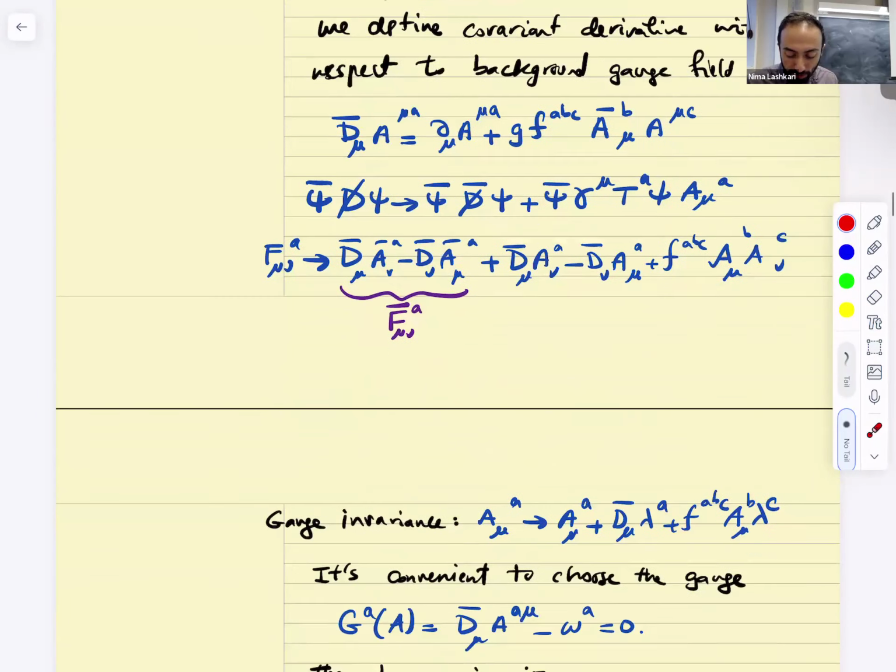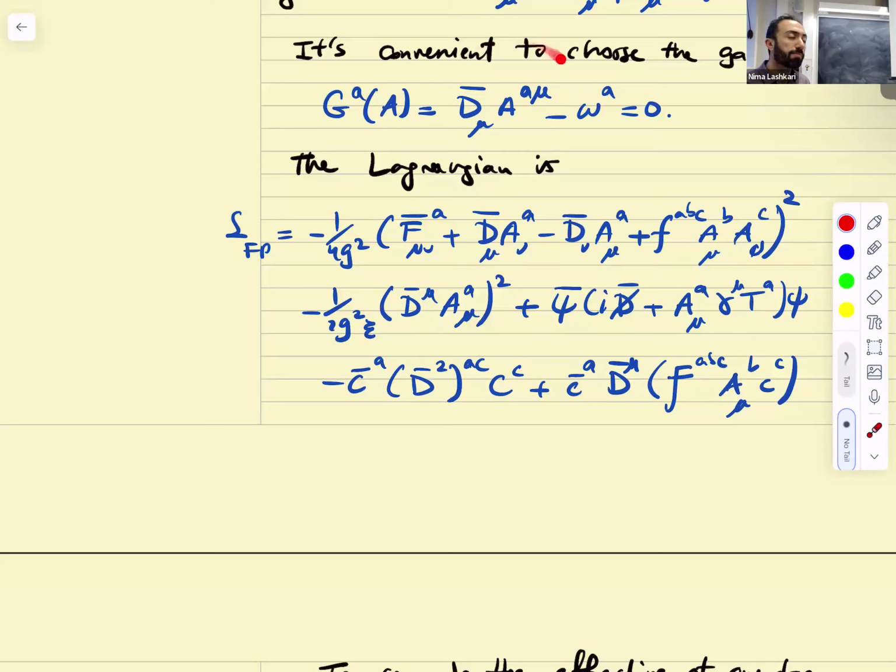Here's a gauge fixing term with respect to the background covariant derivative. It's convenient here to use a gauge fixing choice in terms of the background covariant gauge. But you could always redefine, reshuffle things.